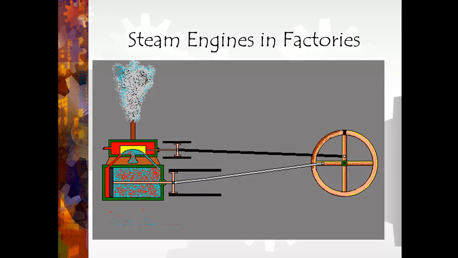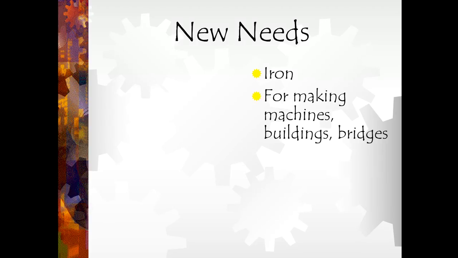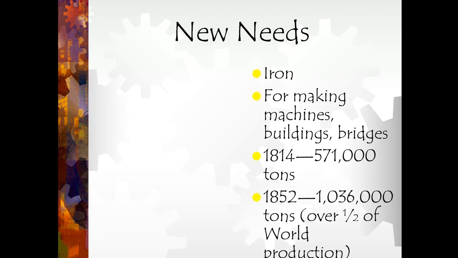So now we have new needs, right? We have power, we have factories, we're producing quite a bit of stuff, but we do have new needs. What we need now is natural resources. We need iron for making machines and buildings and bridges. So in 1814, we had 571,000 tons of iron. But by 1852, England was producing over 1 million tons, which was over half of the world's production.